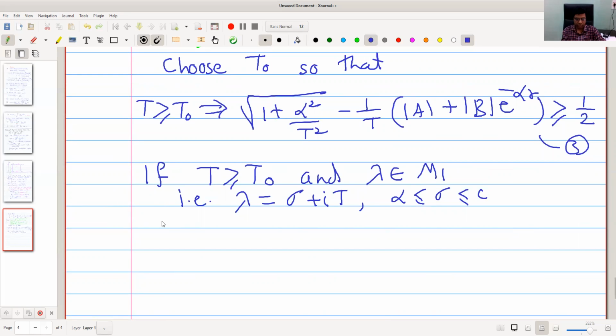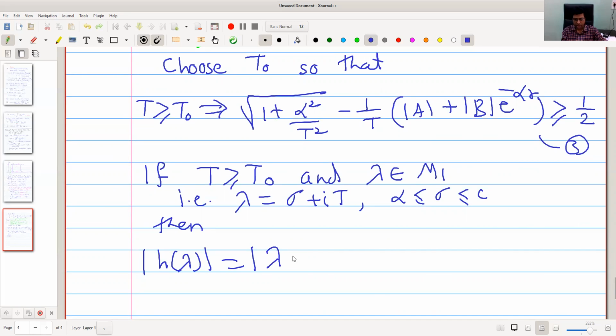Then what is the modulus of h of lambda?